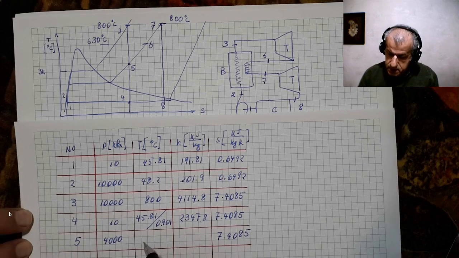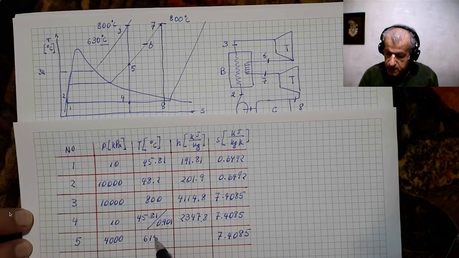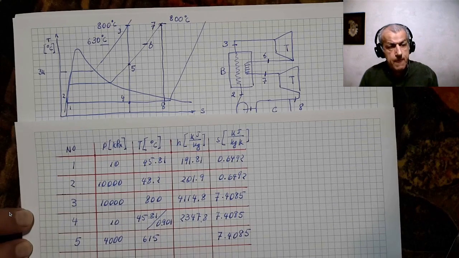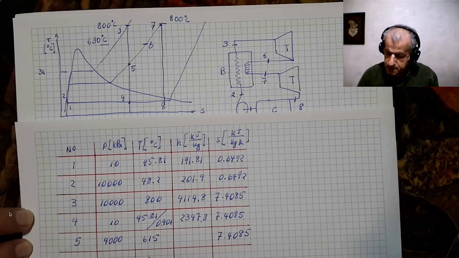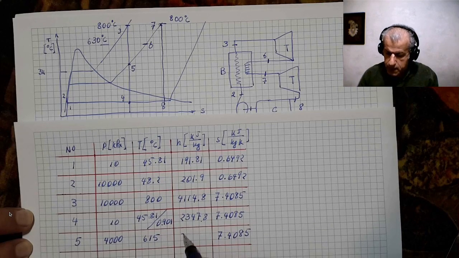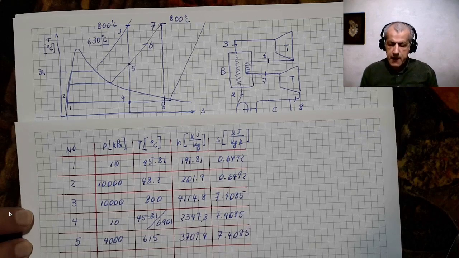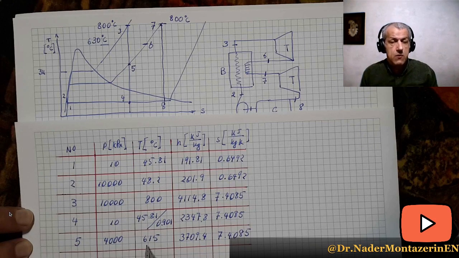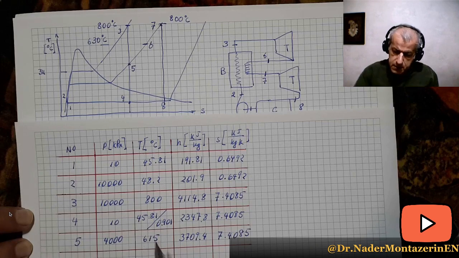The result would be 615 for the temperature, and 3709.4 for the enthalpy. Since the temperature at point 5 is less than the temperature at point 6, we know that we don't have an isentropic turbine.